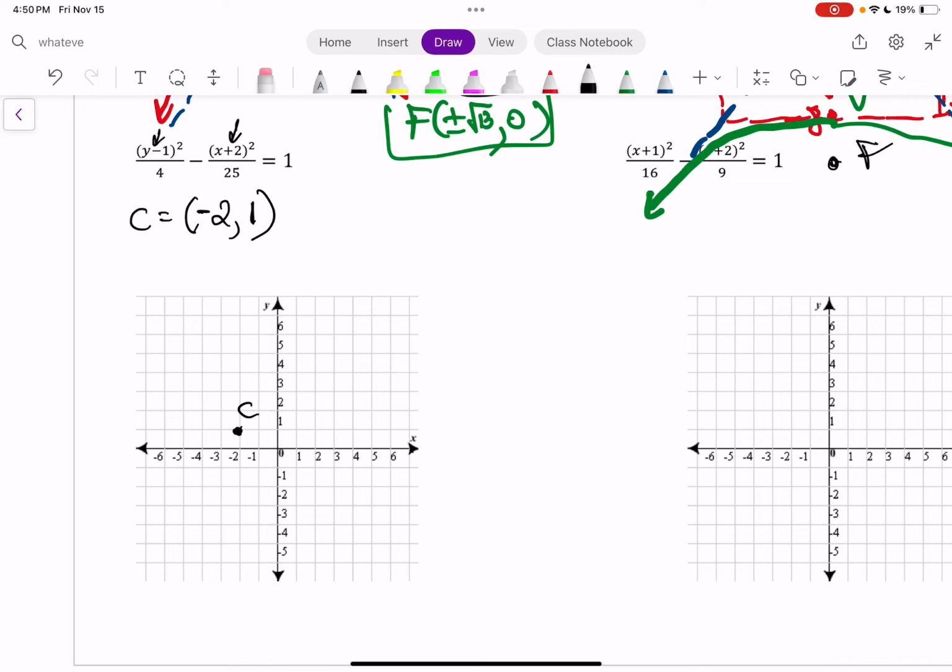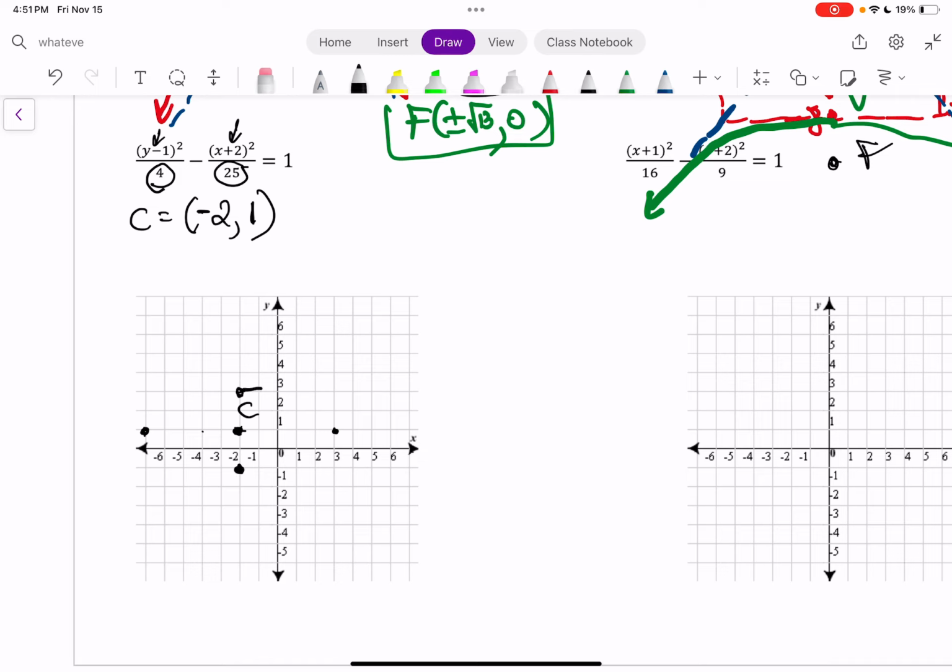Okay. Now in a y direction, I have to go 2 units up and 2 units down. In an x direction, that's 25, so 5 units left and 5 units to the right. I went too many points. This is 2 points down.